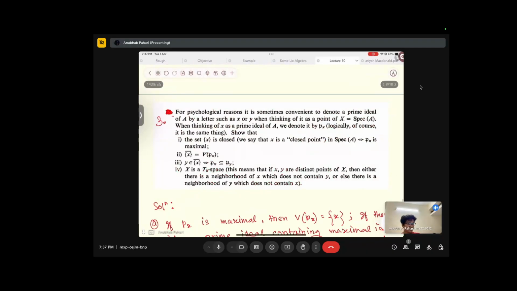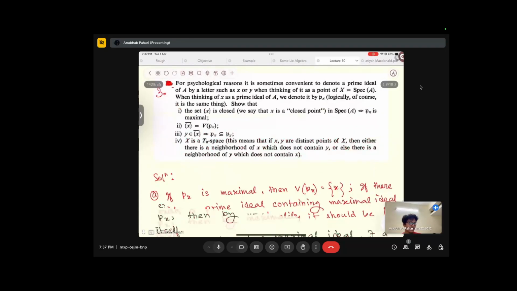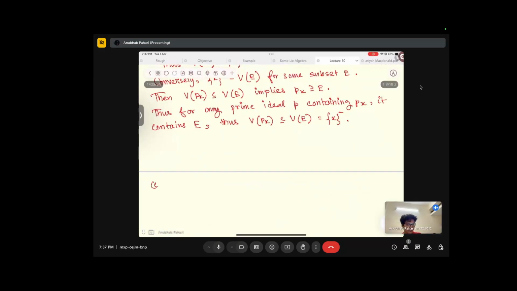Now the third problem is saying that if an element is contained in the closure of a set, then the ideal inclusion should be reversed. Again, this is also a chain of observations. This is x bar. Then you know that y should be contained in V(p_x), right?